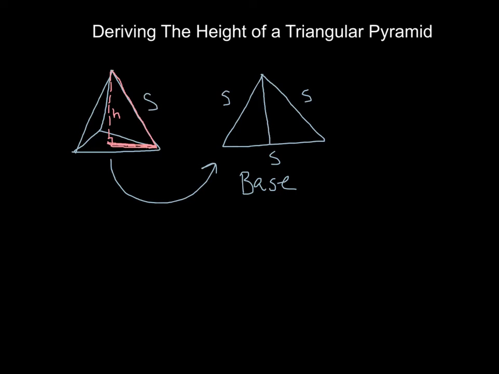Now, in an equilateral triangle, it's interesting because if I were to do that in any other triangle, normally we'd call it an altitude, and it would, in most cases, just be an altitude. But in an equilateral triangle, it's an altitude, it's a median, it's a perpendicular bisector, and it is an angle bisector.